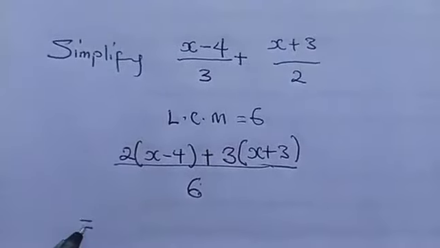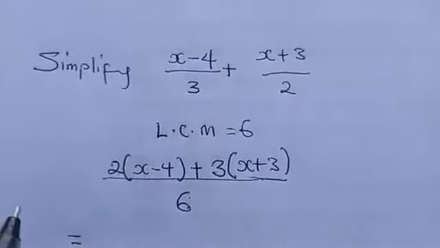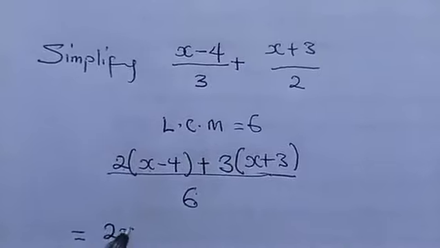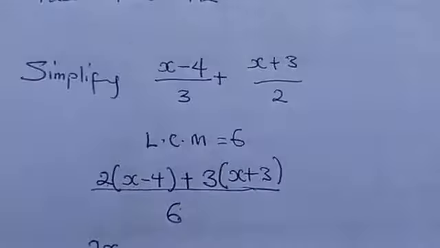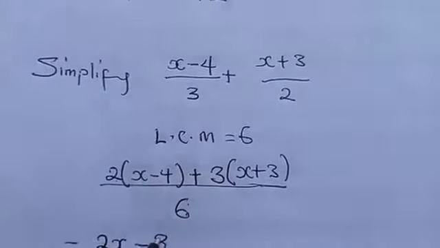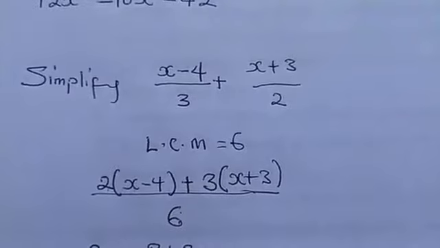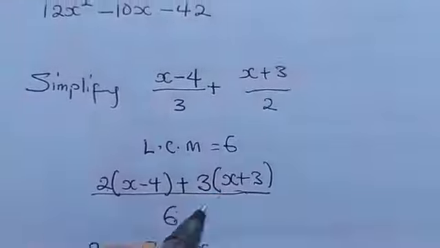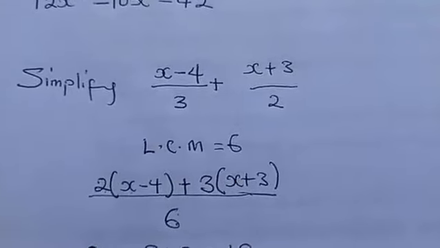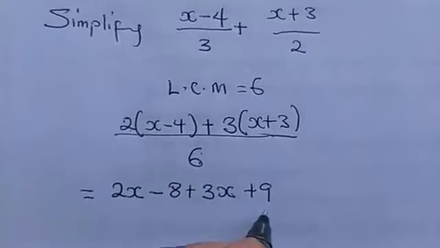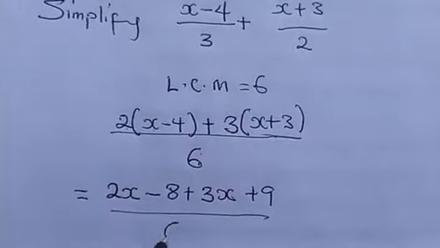And that's equal to 2 times x is 2x, 2 times minus 4 is minus 8, 3 times x is 3x, 3 times 3 is 9. This over 6.